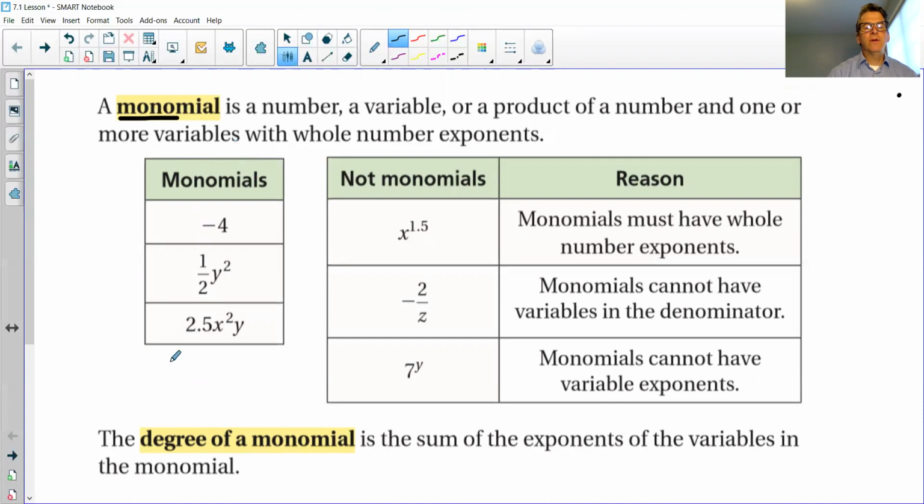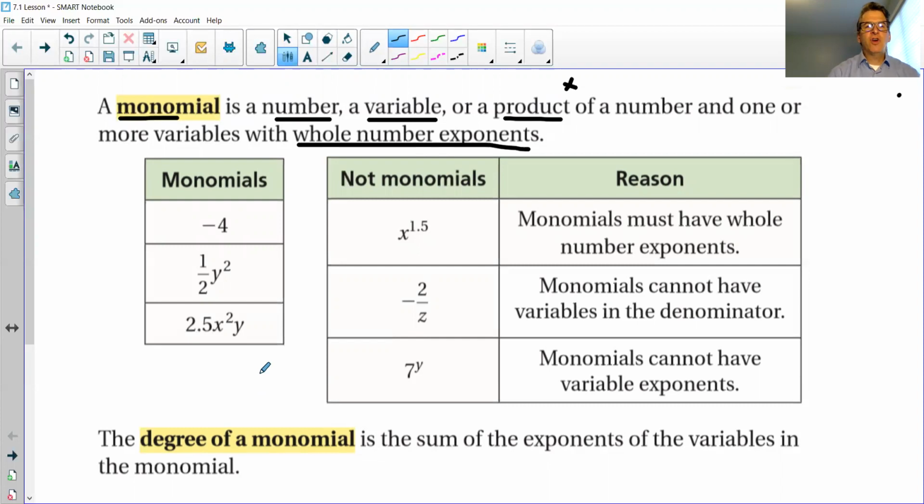Monomials would include, here are some examples: -4, 1/2 y squared, 2.5 x squared y. So a monomial is a number, a variable, or a product. You're multiplying a number and one or more variables with whole number exponents. Those are some key points to remember going forward with monomials.